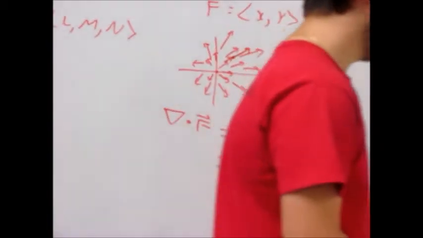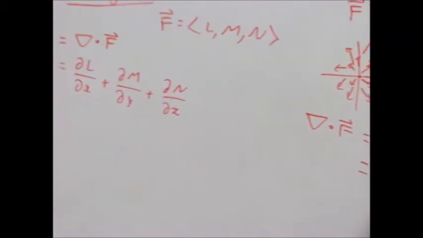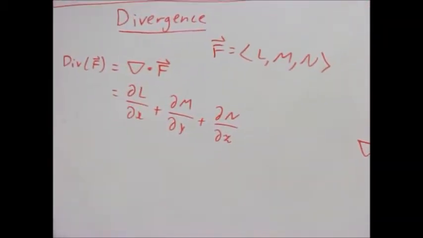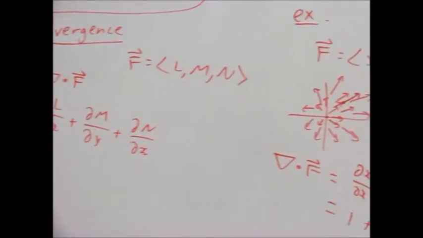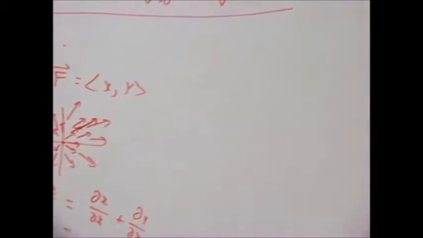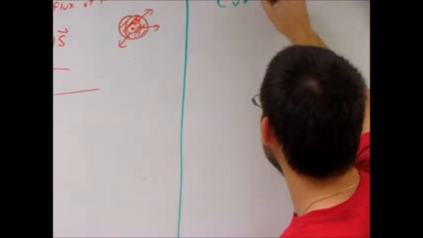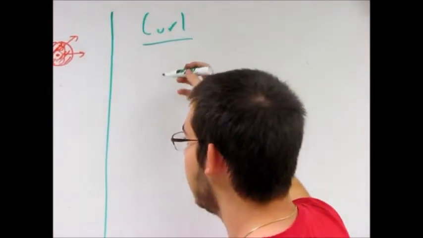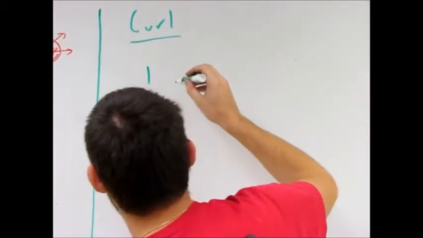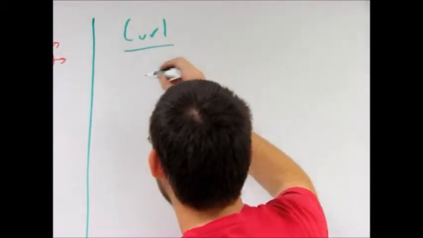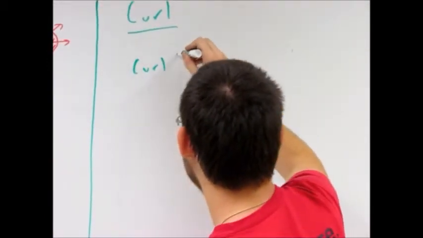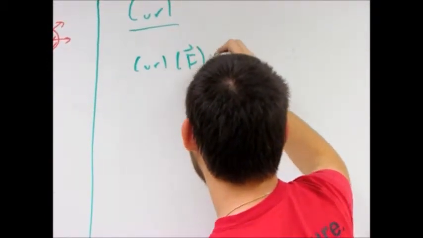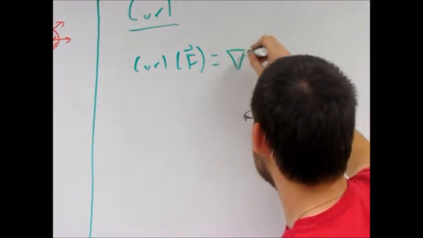But there's also something that happens when you take the cross product with a vector field, and that's curl. So curl F is, as I said, the cross product.